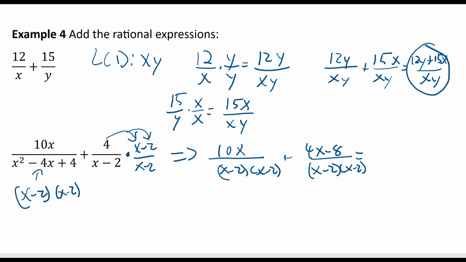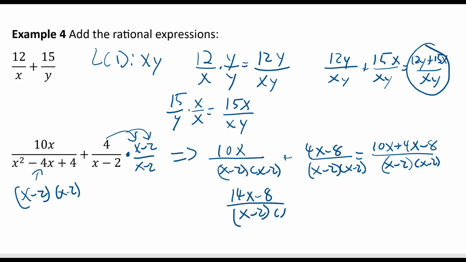So we have 10x plus 4x minus 8 over x minus 2 times x minus 2. And that simplifies to be 14x minus 8 over x minus 2 times x minus 2. And that's about it.